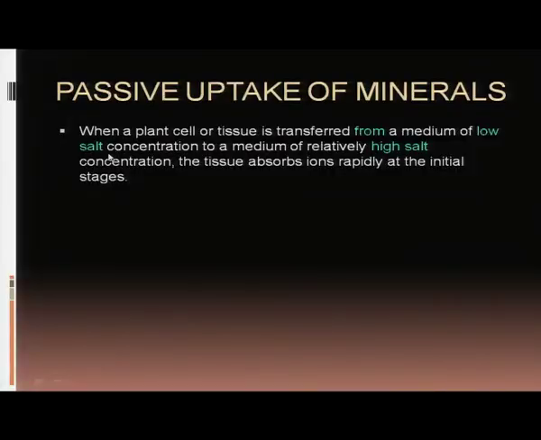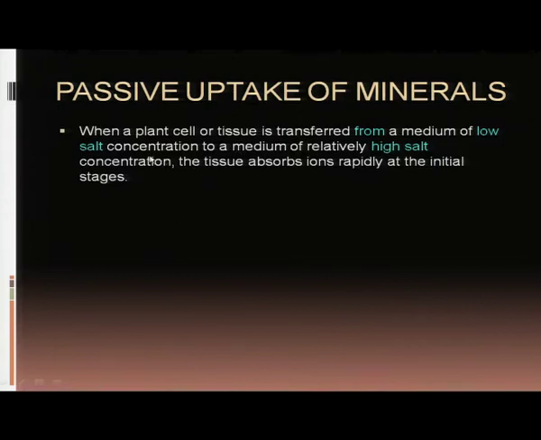Some experiments were done, and on the basis of their observations we can conclude that some minerals are uptaken passively. When a plant cell or tissue is transferred from a medium of low salt concentration to a medium of relatively high salt concentration, the tissue absorbs ions rapidly at the initial stages. So, what is being done?